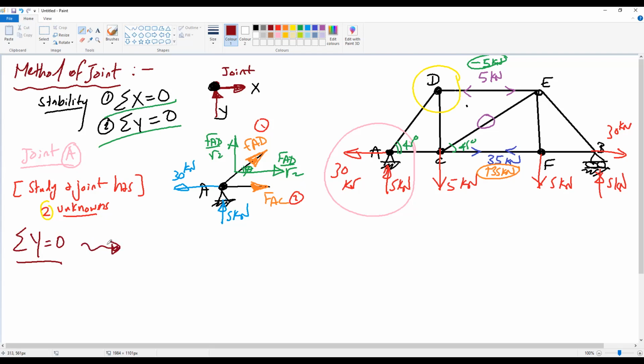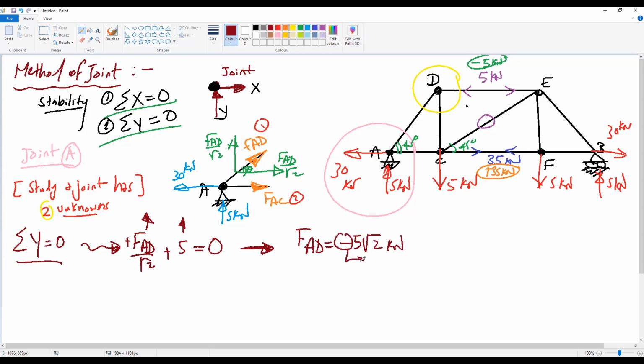Summation y equal to 0, we have FAD divided by root 2 going up, so it is positive, plus 5 kilonewton going up, no other forces, so this should be 0. From this equation, we can find that FAD will be equal to negative 5 root 2 kilonewton.